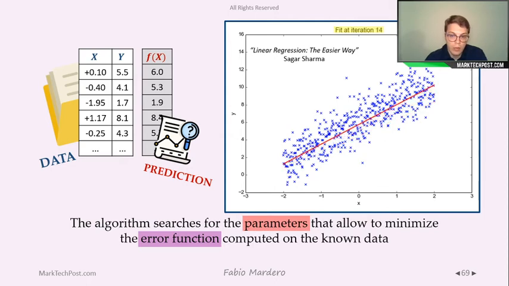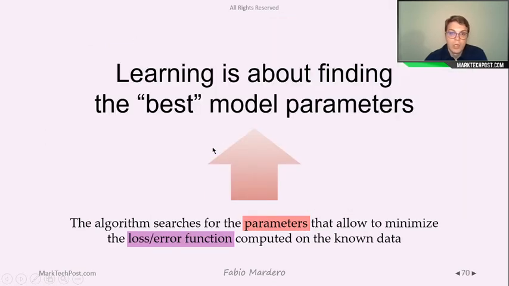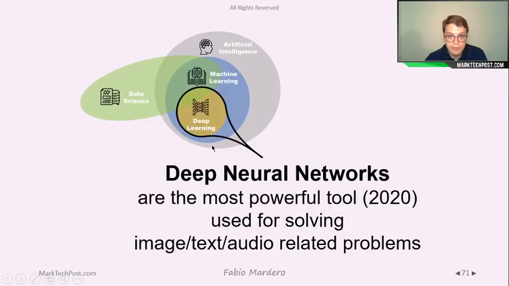Again, here we have seen how through iterations the parameters change to better fit the data, the relationship that can be observed between the features and the target variable. So learning here is about finding the best model parameters.